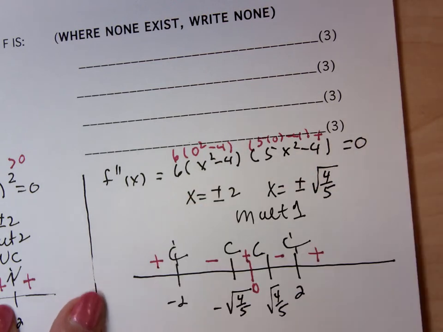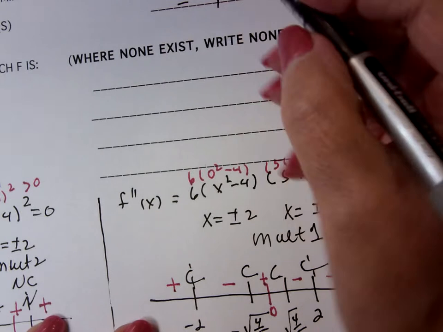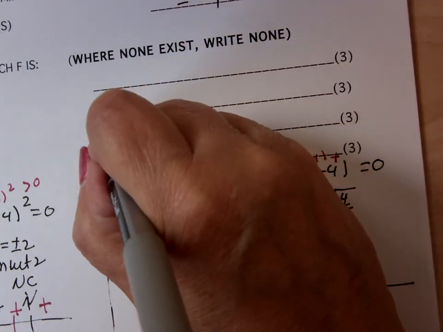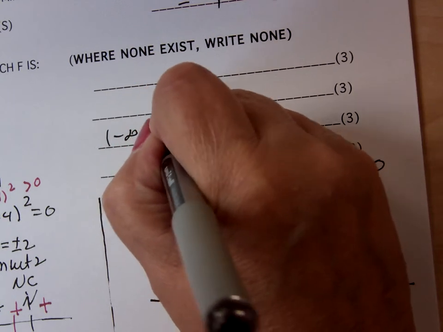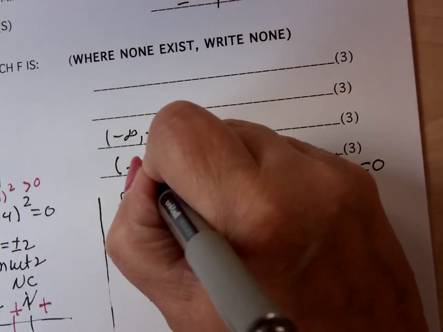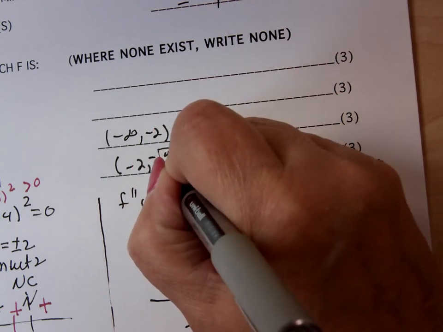So I'm going to be reading all of this off. Concavity, let's do that first. It's going to be concave up from minus infinity to negative 2. Then it moves to concave down from negative 2 to negative square root of 4/5.